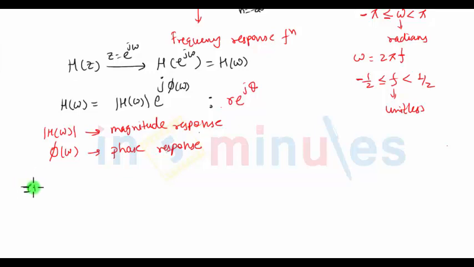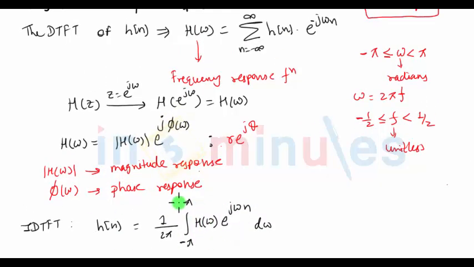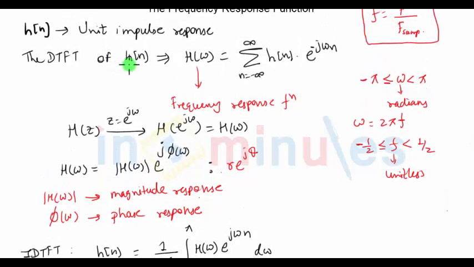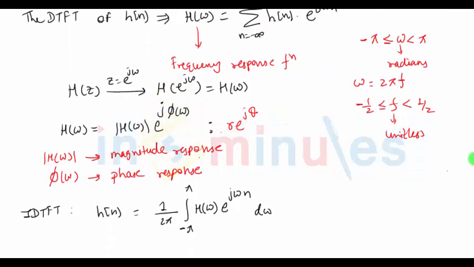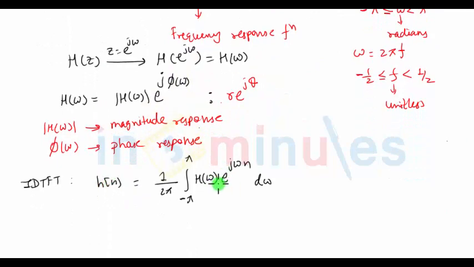So I can also define inverse discrete time Fourier transform, where h of n will be nothing but 1 upon 2 pi integration of H of omega e raised to j omega n d omega, where limits will be from minus pi to pi because that's the range of omega. So this is the inverse DTFT expression. This was the discrete time Fourier transform expression. This was H of omega from h of n, and this is nothing but h of n from H of omega.